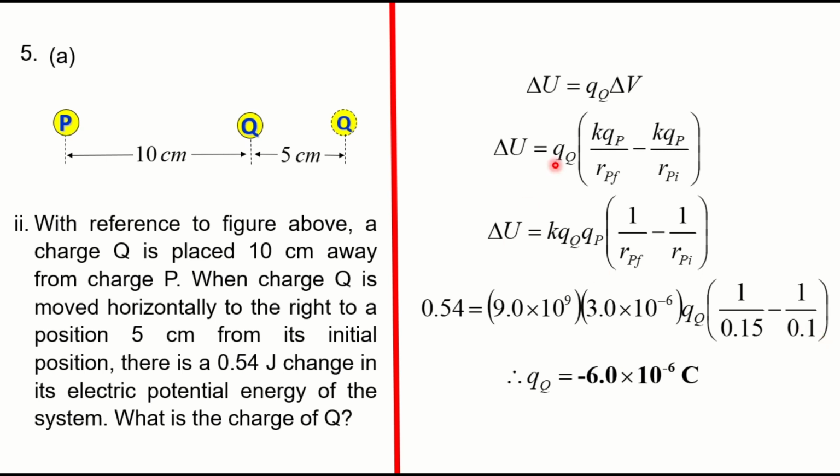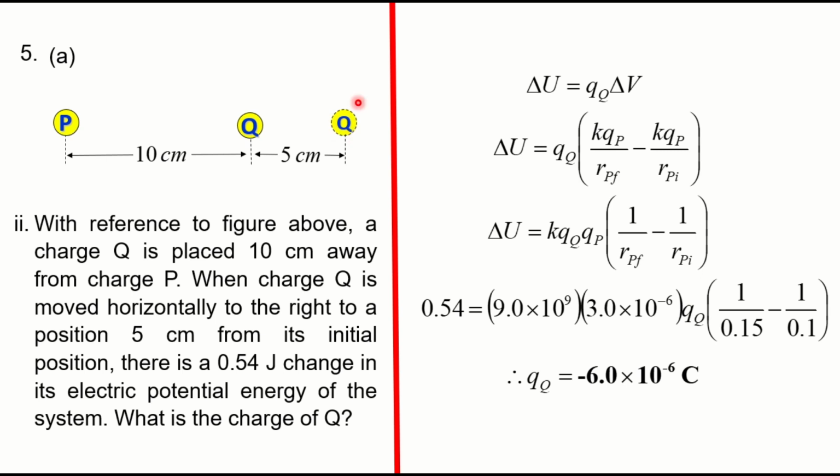The keyword is that when we move charge Q from initial to final, by 5 cm, there's a change in electric potential energy. This is the formula for electric potential energy, and we can open up the formula for electric potential to KQ over R. This one is for the final part, and this is for the initial part.